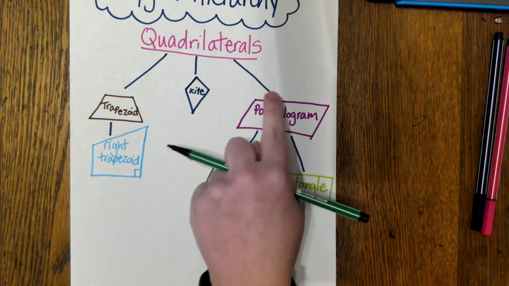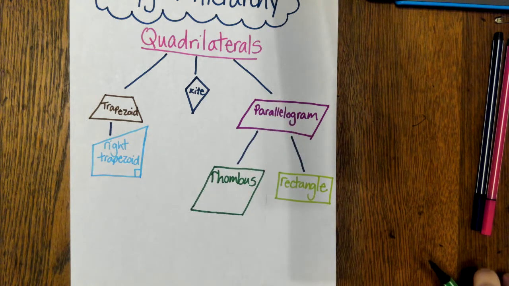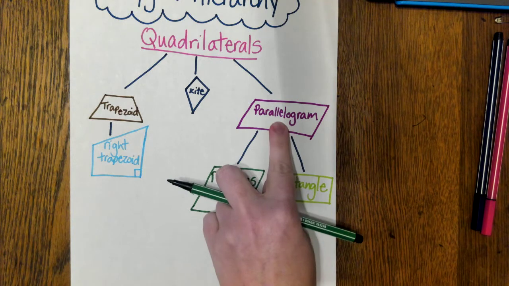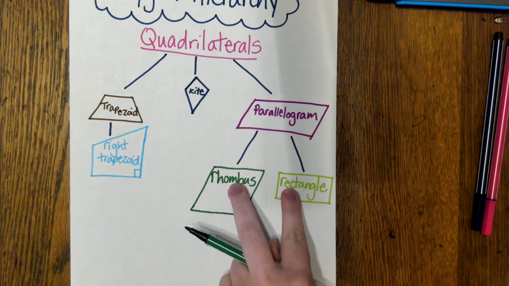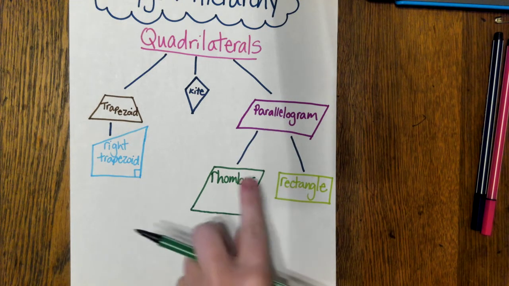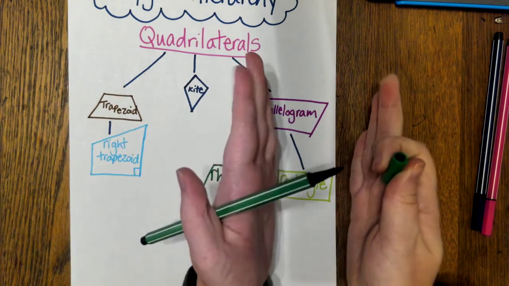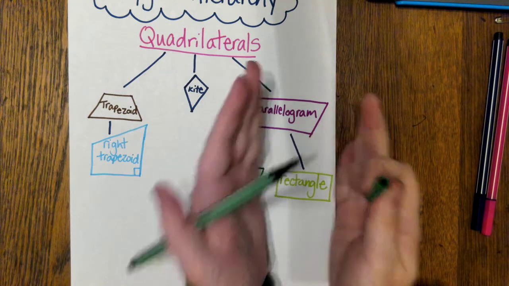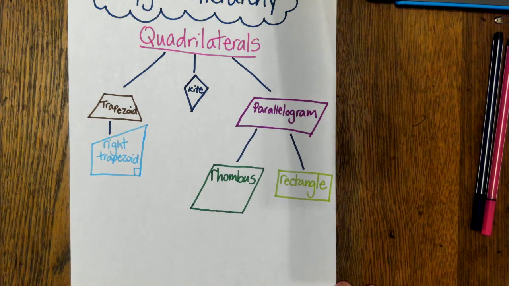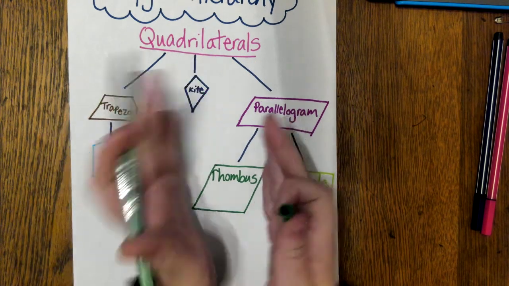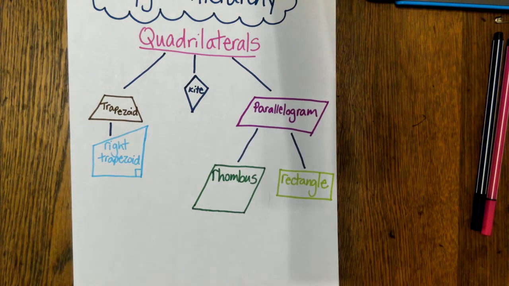When we've figured out that it has 2 pairs of parallel sides, then we look at the angles. If it has right angles, we know it's a rectangle. If it has sides that are all the same, we know it's a rhombus.